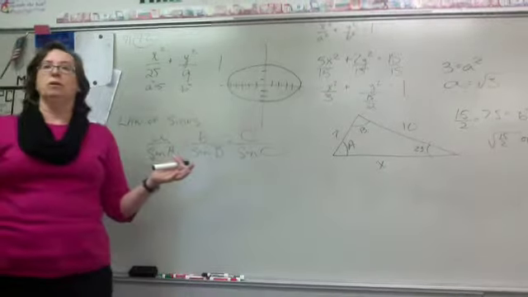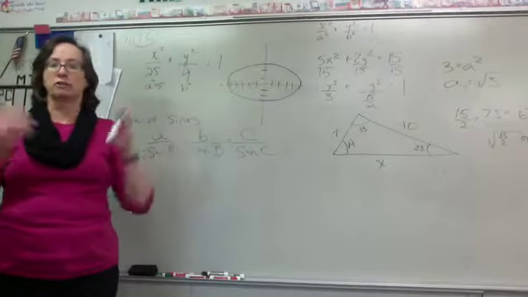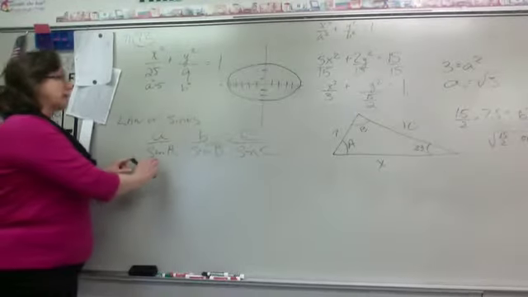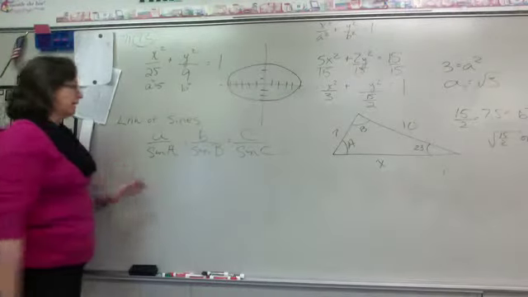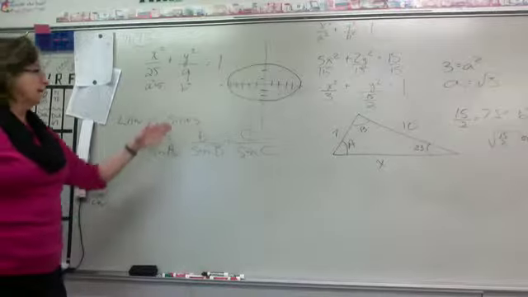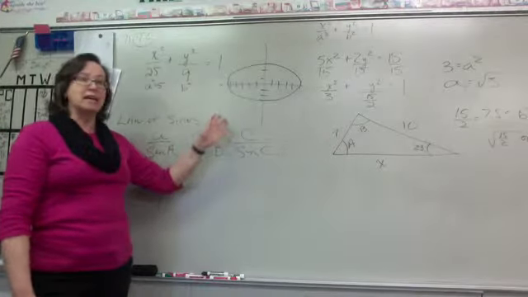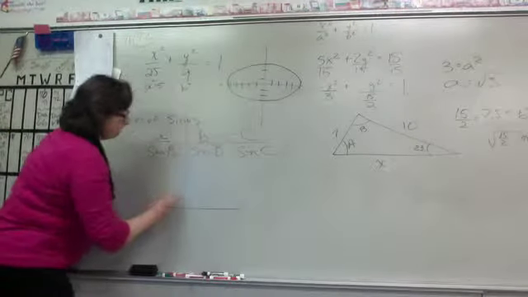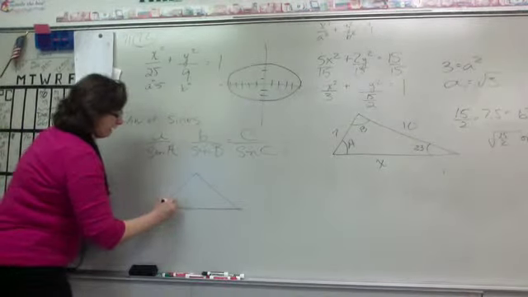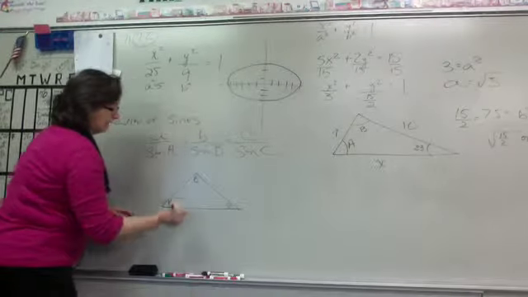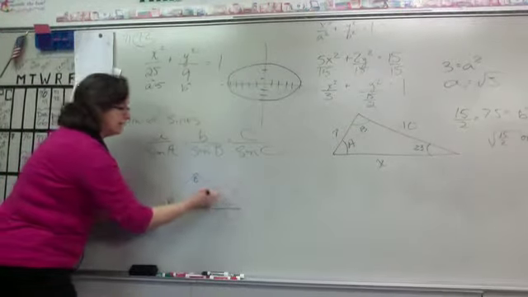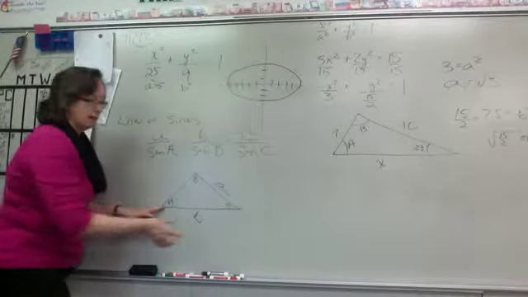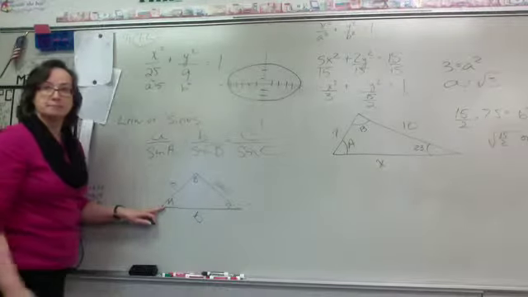What do we do when we don't have a right triangle? We go to the law of sines. It's very easy to memorize: a over the sine of A, b over the sine of B, and c over the sine of C. Here's your picture: here's your A, your B, your C, and across from A is side a, across from B is side b, and across from C is side c.